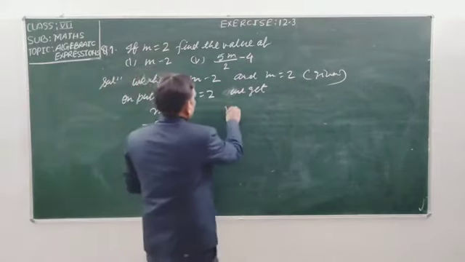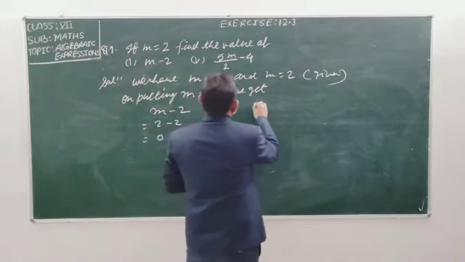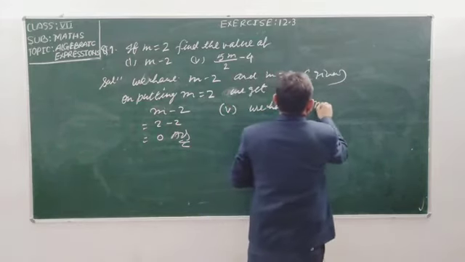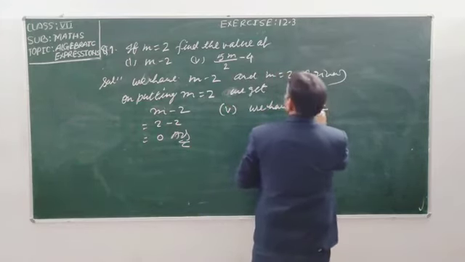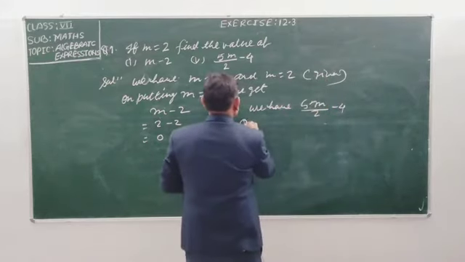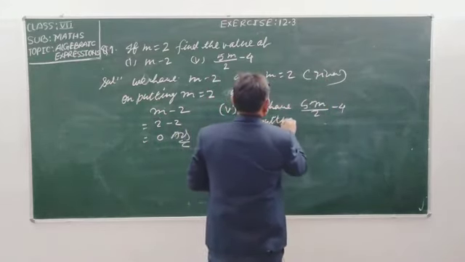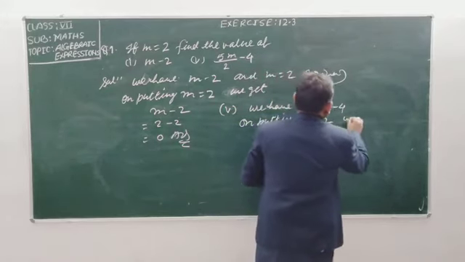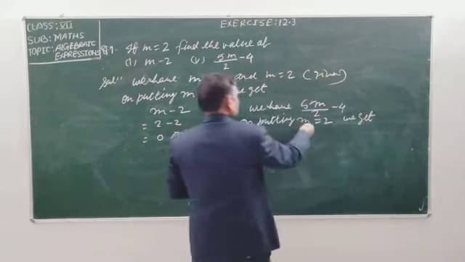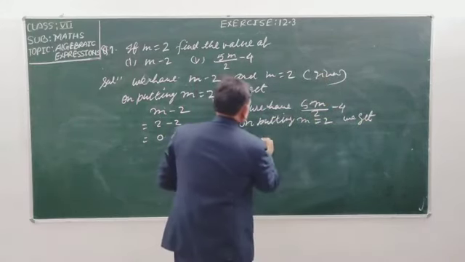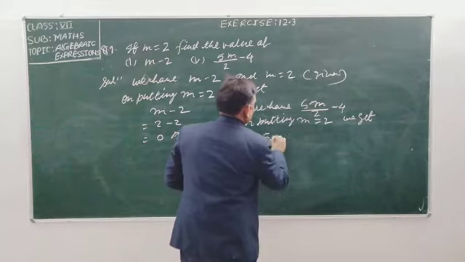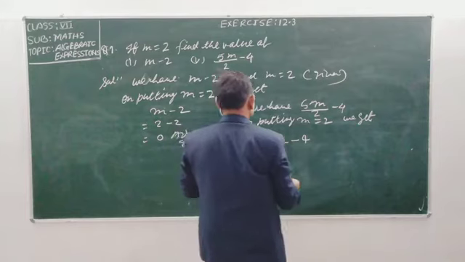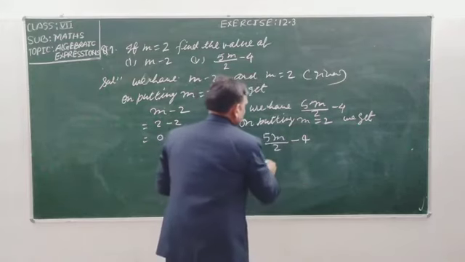Same as that, student, the part 5m upon 2 minus 4, on putting m is equal to 2, we get, जब आप 2 रखेंगे तो क्या मिलेगा आपको? 5m upon 2 minus 4, put the value of m in this expression.